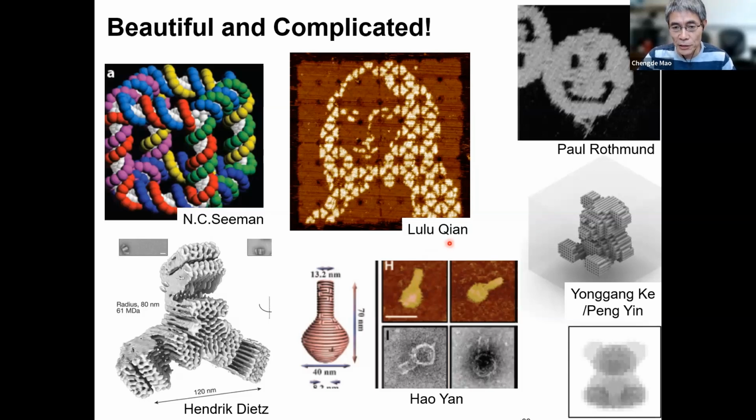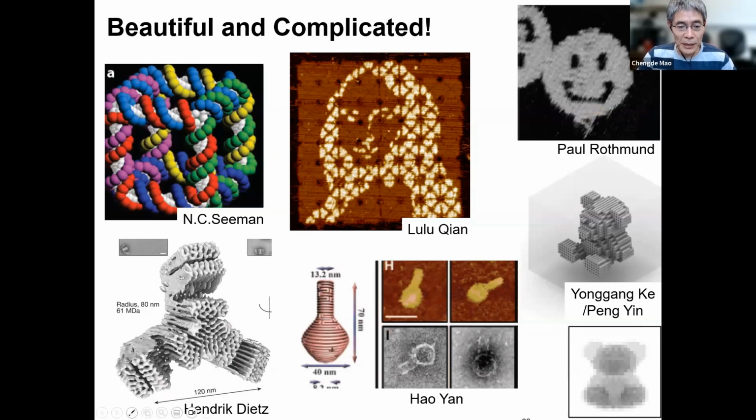Lulu Qian at Caltech self-assembled DNA structures into this Mona Lisa structure, and Paul Rothemund made this smiley face structure. That was a real revolutionary idea for this field. He introduced the origami approach that these days is pretty much equivalent to DNA nanotechnology. When you talk about DNA nanotechnology, people immediately associate it with origami.